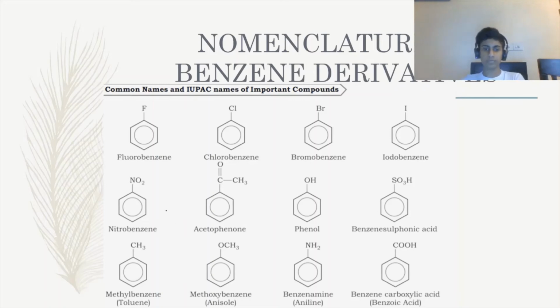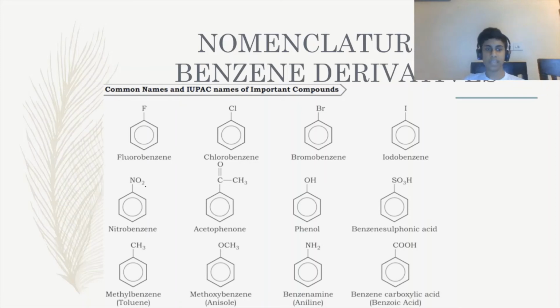Now let's look at the common names and IUPAC names of important compounds of benzene. Whenever we have any halogen, the same way we used to write fluorine, we just add an o. Chlorine, we just add o, and then we write benzene.